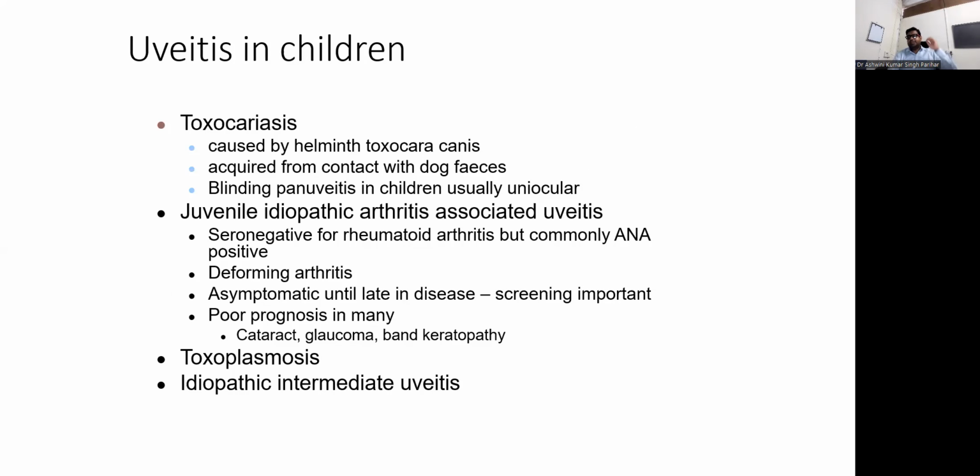That's important in the management of sympathetic ophthalmitis. The patient after trauma should always be counseled and kept under observation for the occurrence of these features over time. So these are the conditions.